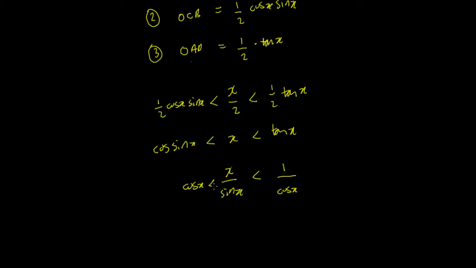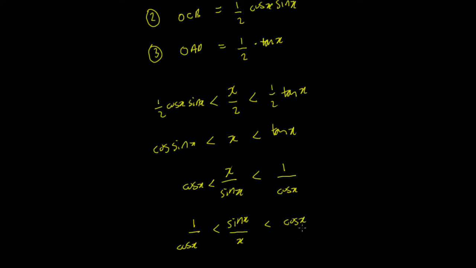And then if we were to invert this, I'll write that again. So we invert that, and we'll have sin x upon x, and we can say that's less than 1 upon cos x, and that's greater than cos x.